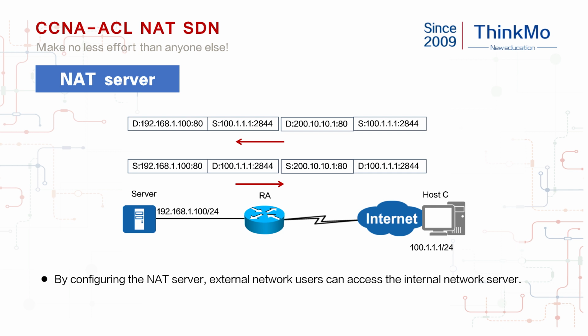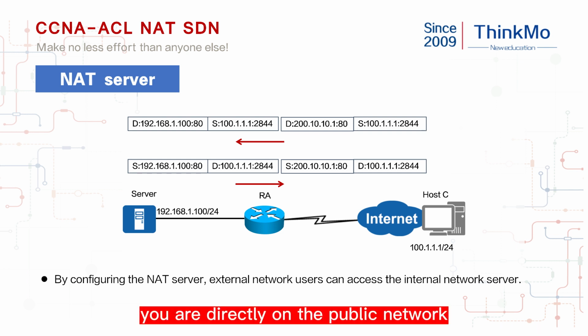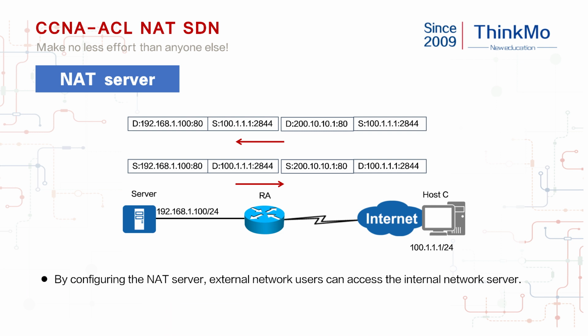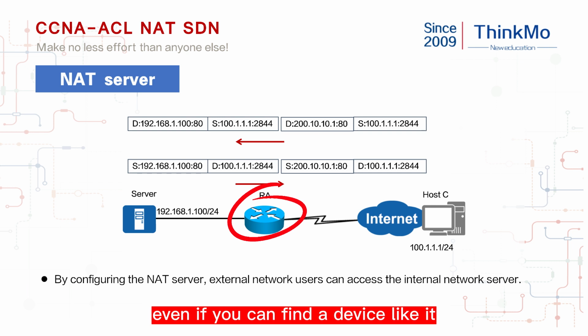It means, if you are directly on the public network and use 100.1.1.1 to access the private network, you cannot access this device, because it is a private address, even if you can find a device like it.